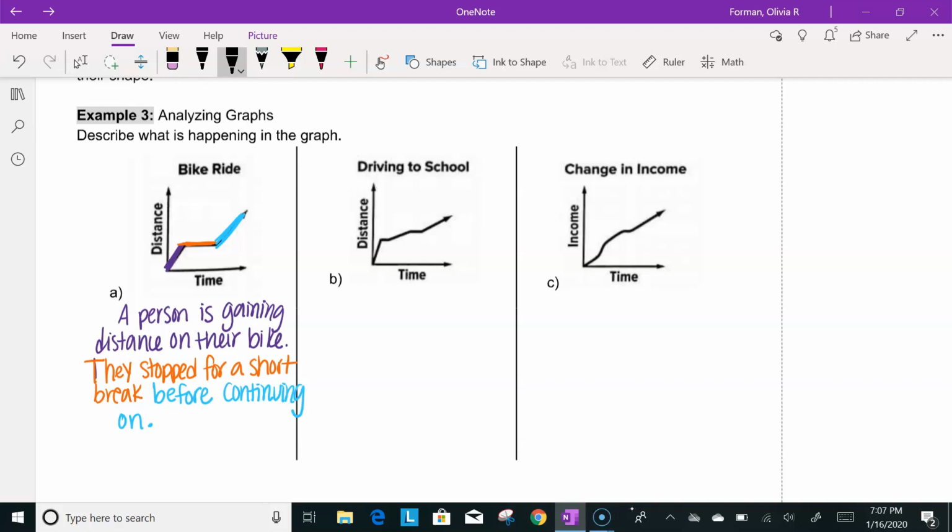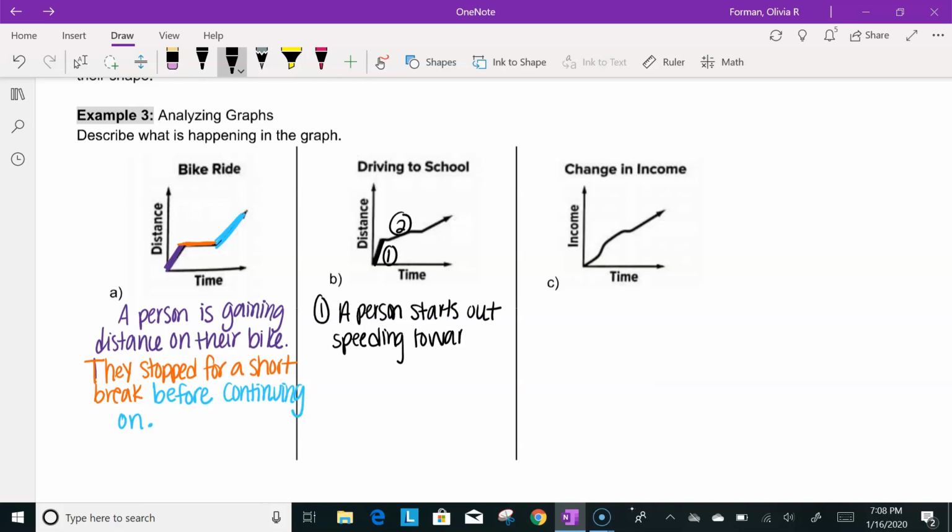The second one, it's not quite as clear. Really, I broke this down into two parts. Part one is this really steep part, and then part two is this other part up here. So part one, I would say a person starts out speeding towards school.